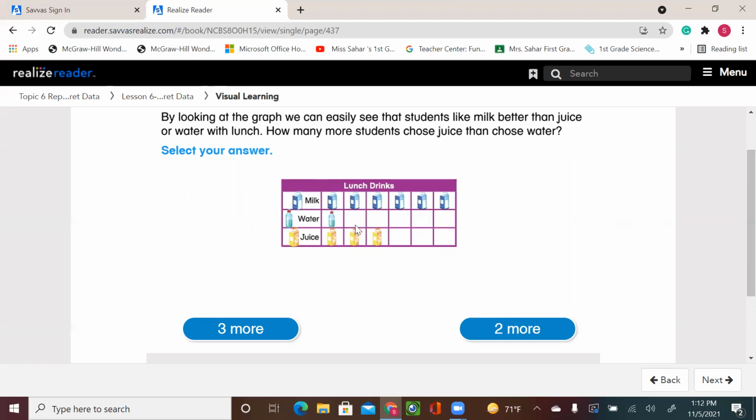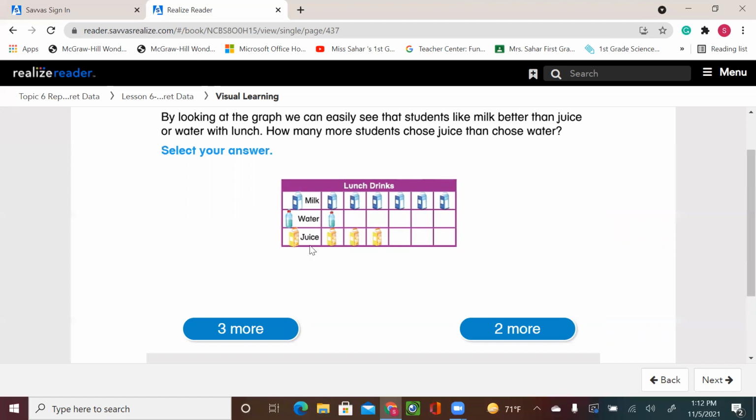So when I look at that picture, it's easy for me to see that the row that represents milk is all the way filled, I see one choice only for water and I see three for juice. That's easy for me to say that milk was loved or used more by children at lunchtime.